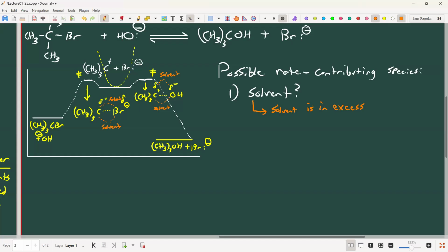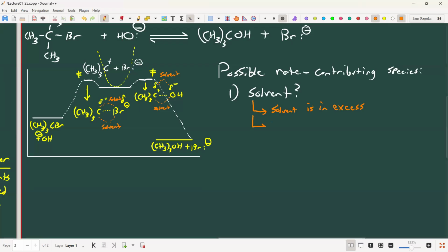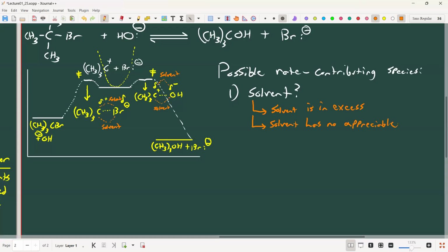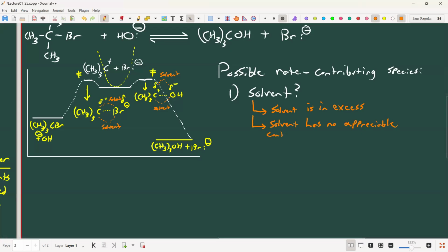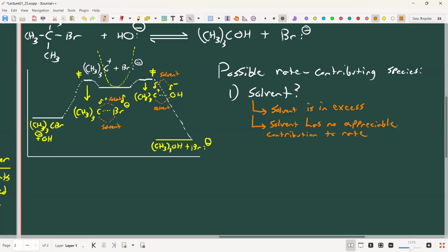It just makes it harder to find things, right? Solvent has no appreciable contribution to the rate because of it being in excess.